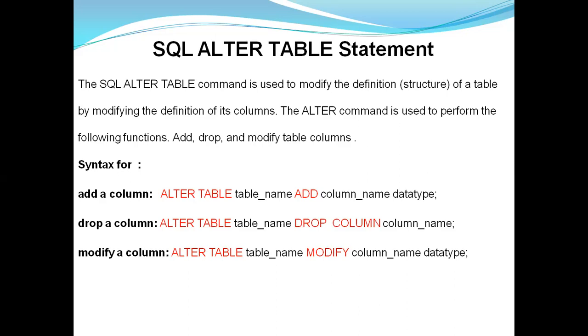When you are changing the data type, one thing to be remembered: if your table is empty, meaning no records are there in the table, in that case you can change from any data type to any data type.